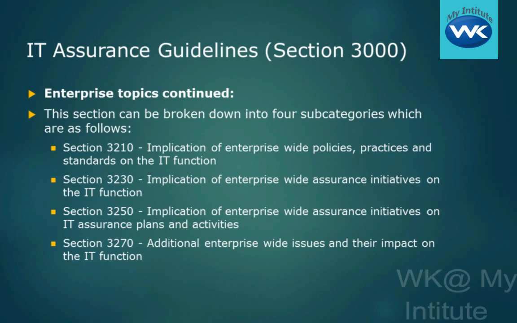So one of the sections is subcategory 3210, which is the implication of enterprise-wide policies, practices, and standards on the IT function. 3230 deals with guidelines for the implication of enterprise-wide assurance initiatives on the IT function. Section 3250 would talk about the implication of enterprise-wide assurance initiatives on IT assurance plans and activities. And the last subcategory, 3270, talks about additional enterprise-wide issues and their impact on the IT function.